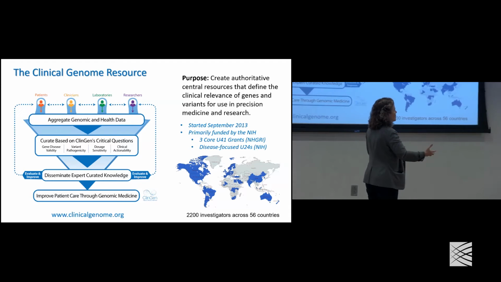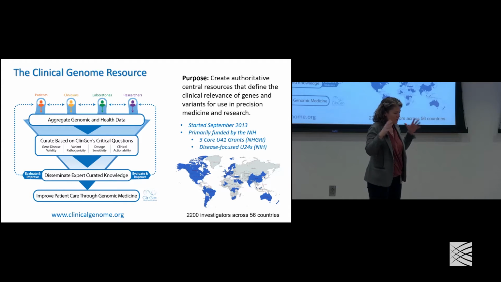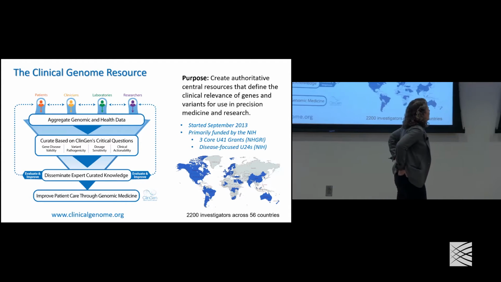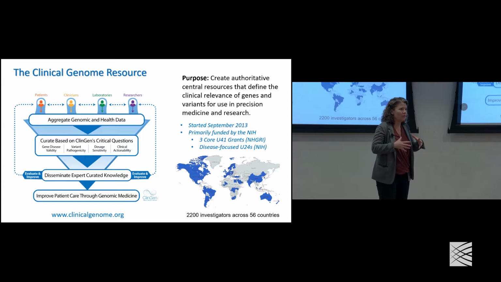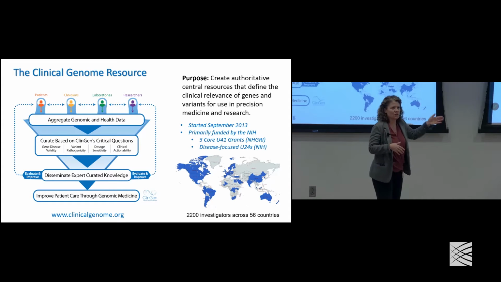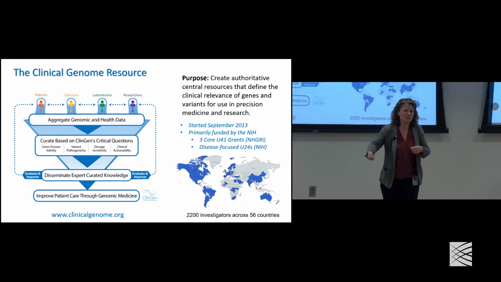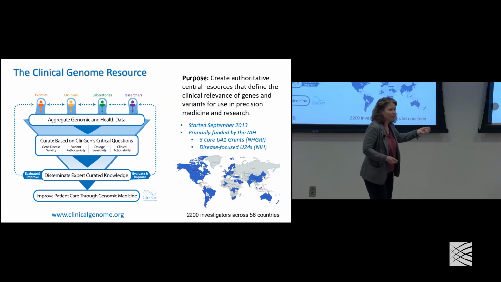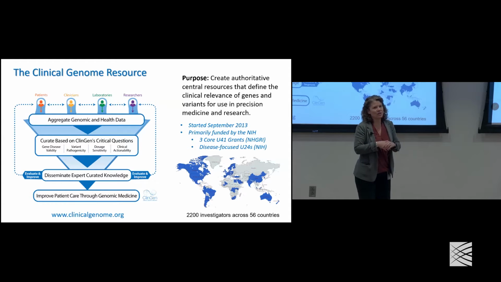It's really a whole infrastructure that we'll talk about to bring together evidence and use it to curate gene disease validity, is the gene associated with a particular disease, to curate variant pathogenicity, to curate dosage sensitivity, is loss of a copy of a gene or gain of a copy of a gene pathogenic for a disease, or clinical actionability.